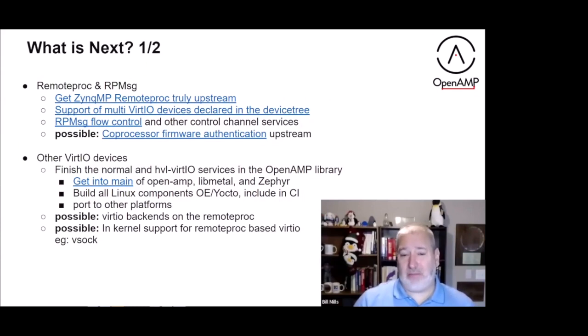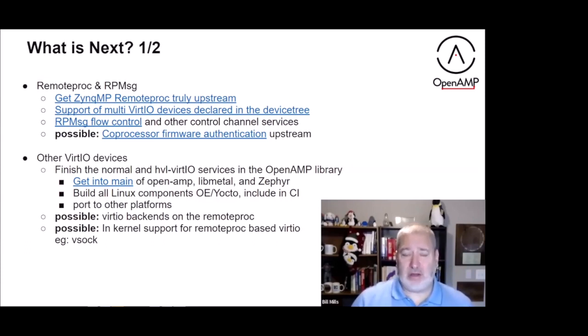But we're also looking at maybe taking this opportunity to make a generic control channel and to provide other services on that control channel. ST has an interesting facility where the secure side of the Cortex-A will authenticate the firmware before it has a chance to run on the remote processor. So this is an interesting use case and has applicability in a number of different scenarios.